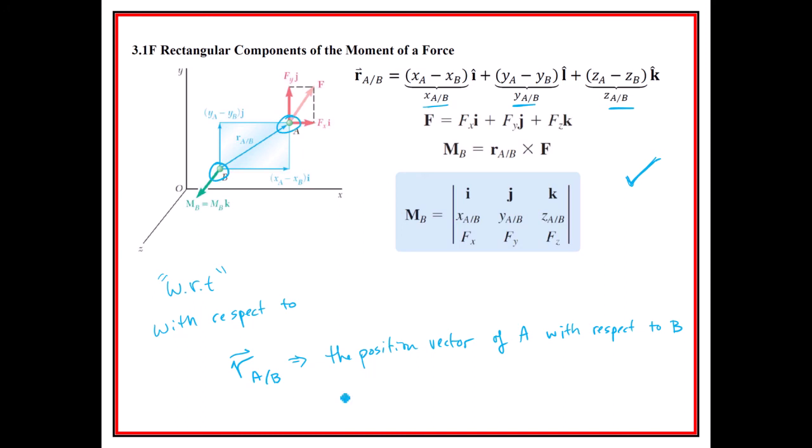And one way to write this out is A with respect to B is equal to XA minus XB, right? So the subscript kind of says this math right here, A minus B. You can always think of it in those terms.